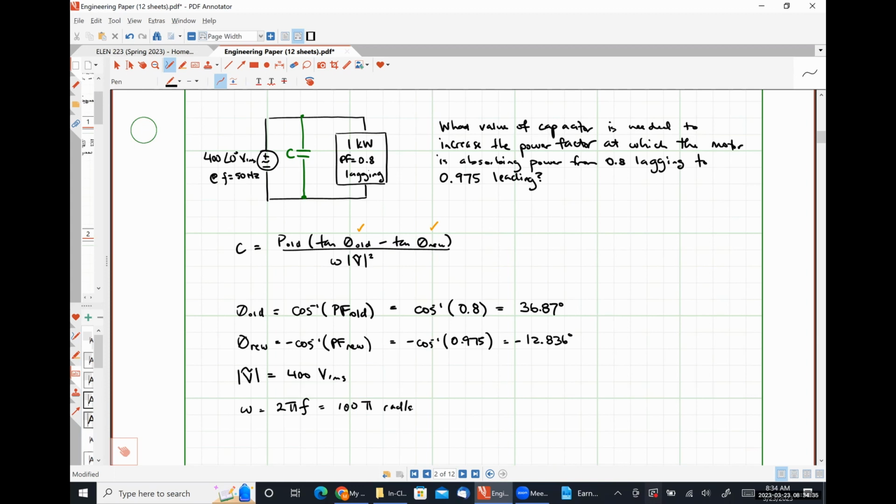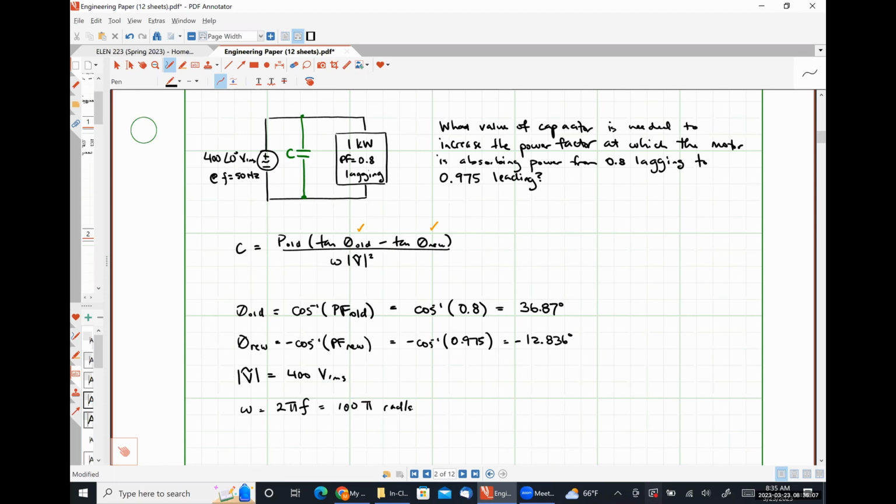All right, so what's that leave us with? The capacitance. How are we going to get that? I'm going to give you a hint. I gave it to you. Yes, but we don't have S. It's just the 1 kilowatt.